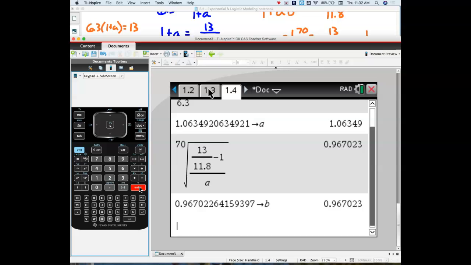So this one was 1.06349. This is 0.967023.